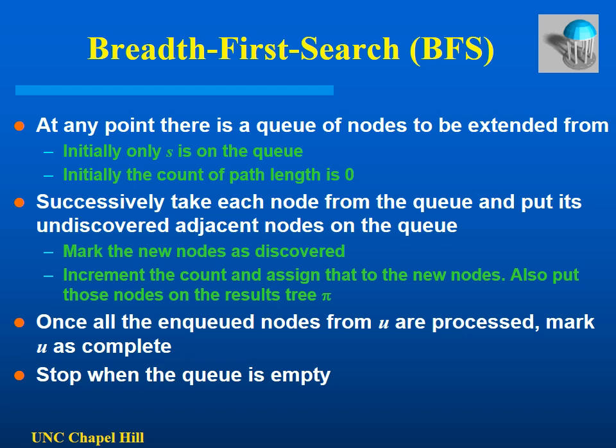And we'll be incrementing the count from that of its parent, the node it was adjacent to when it was put on the queue. So increment by 1, and then assign that to the new nodes. So for example, the nodes adjacent to S will have path length 0, the distance to S, plus 1.